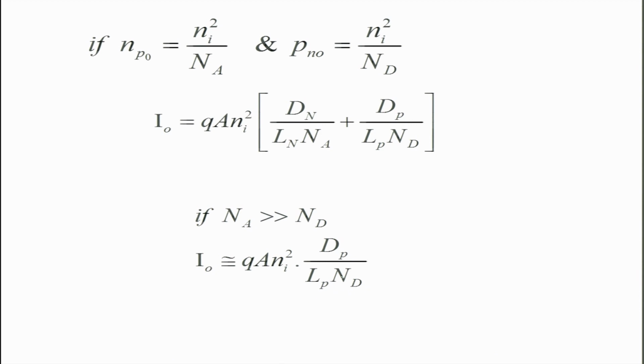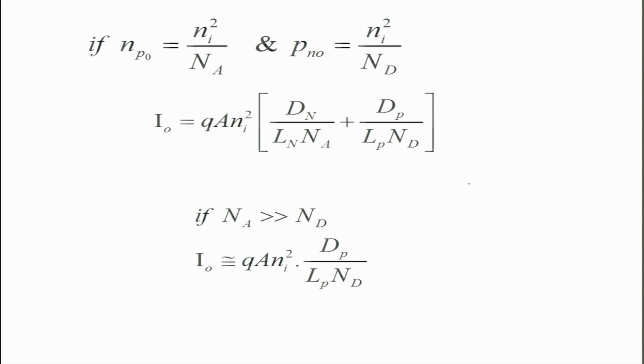So the reverse saturation current is governed by the hole diffusion length, whereas if it was the other way around, Nd much greater than Na, then I0 will be equal to qA ni squared into Dn divided by Ln Na.